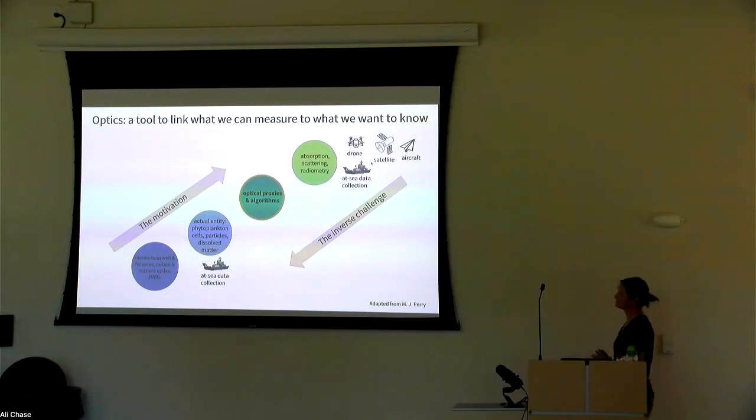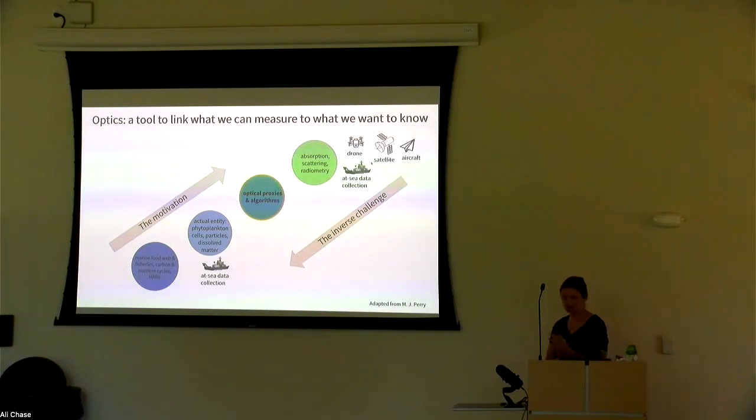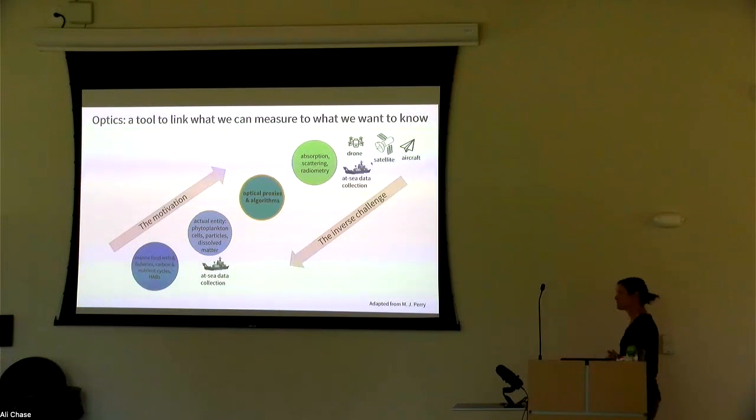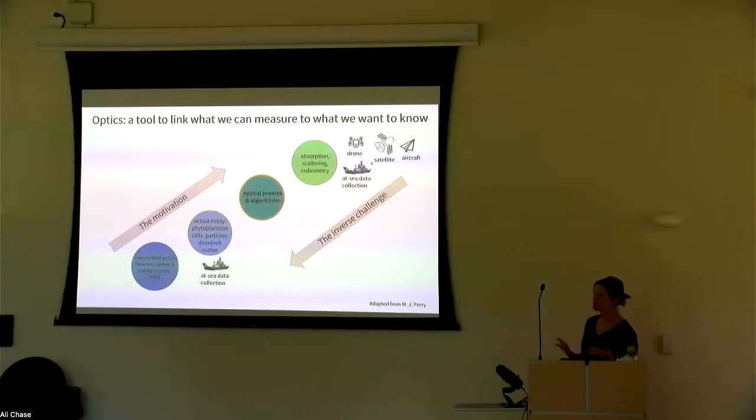This is also a figure that I like that is adapted from a figure Mary Jane Perry presented years ago in the optics class. And optical oceanography is sort of a niche field of oceanography. You may encounter other oceanographers, physical oceanographers, biological, and you say you're an optical oceanographer and they don't really know what that means.